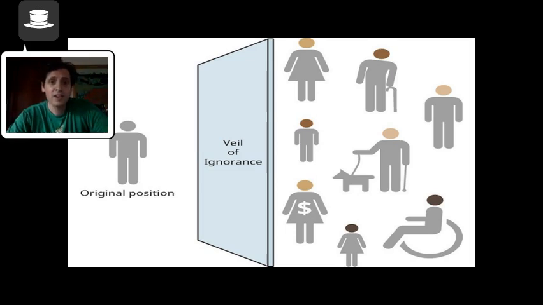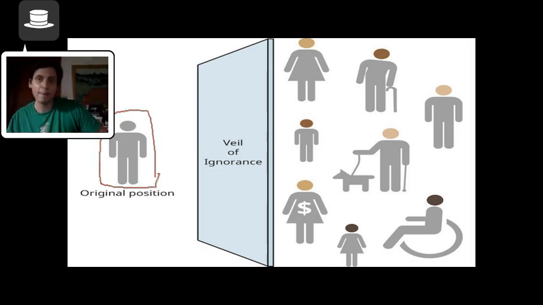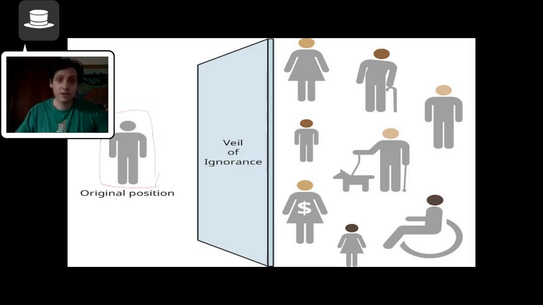So he thinks the way to think about this is imagine you're in a situation where you're going to pick the principles for society, the economic principles. Are you going to pick laissez-faire capitalism, no holds barred capitalism? Are you going to pick socialism? Are you going to pick some kind of welfare capitalism? Are you going to pick no guarantee of health care? Are you going to pick the same health care provided by the government for everyone?